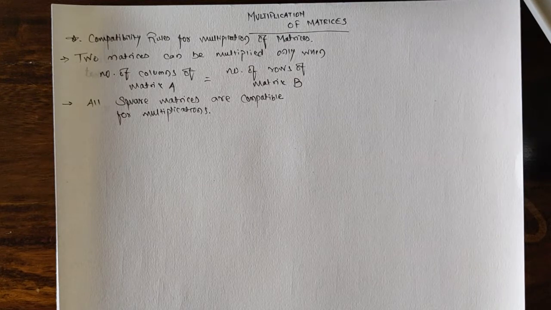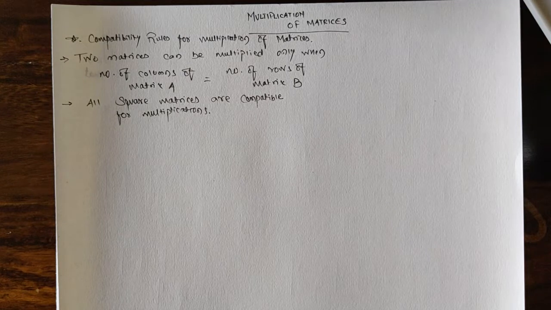All square matrices are compatible for multiplication because their orders match. All square matrices of the same order can be multiplied without checking the compatibility rule. So if you have two square matrices of the order 2 by 2, then they can be multiplied very easily.